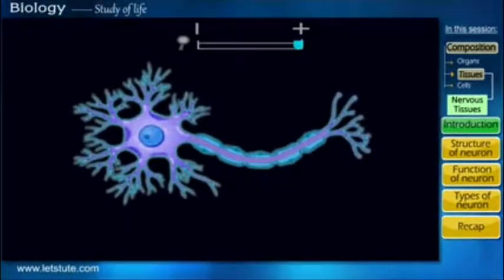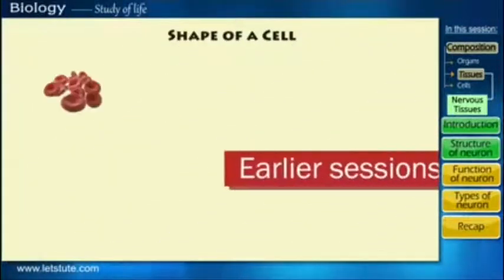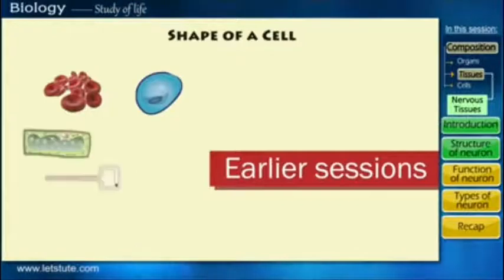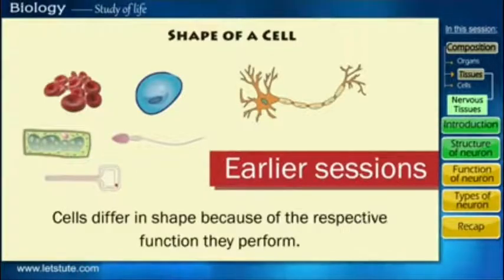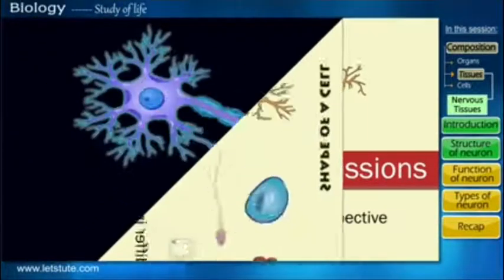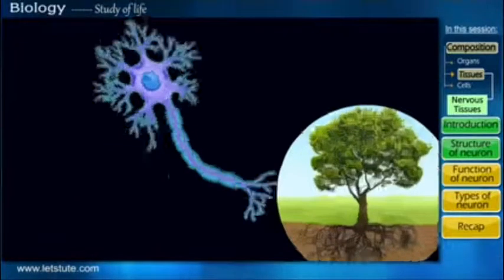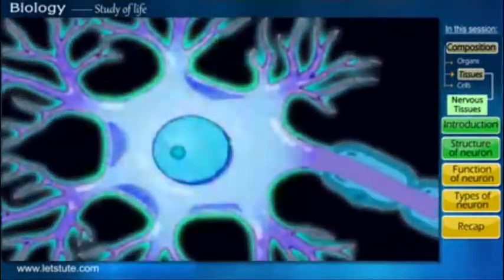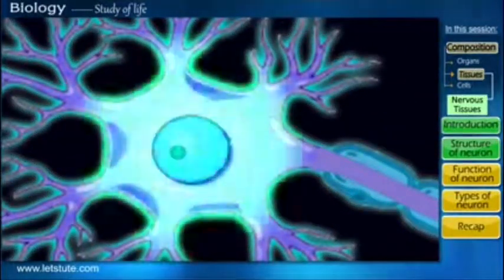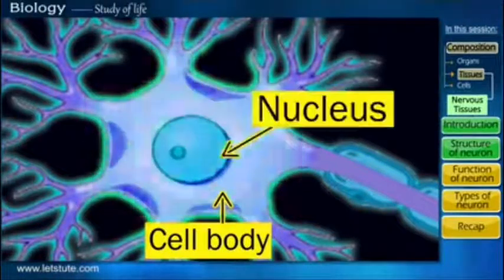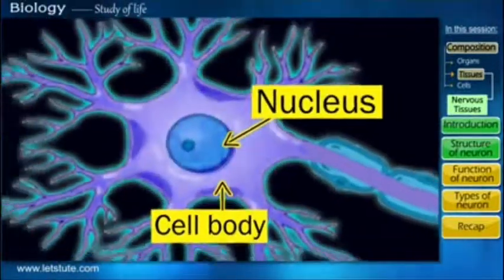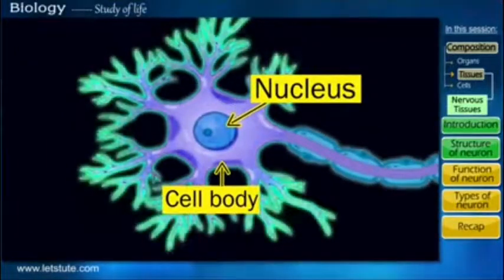This is a cell, students. As you have studied in earlier classes, cells have different shapes because of the respective functions they perform. So this is also a cell with an elongated structure. It resembles a tree. At the center you find the cell body with a nucleus, having so many branches called dendrites.